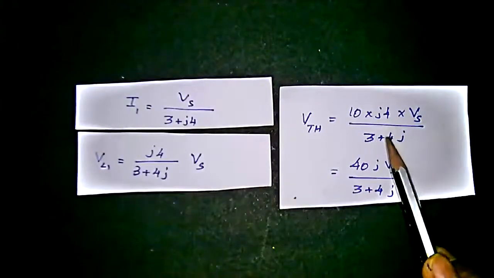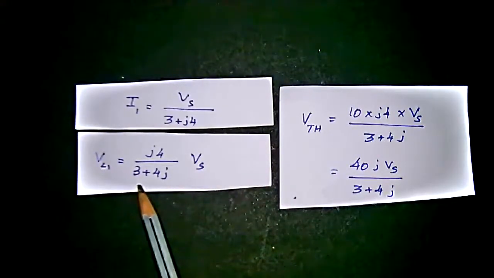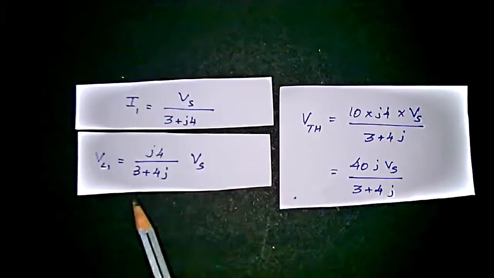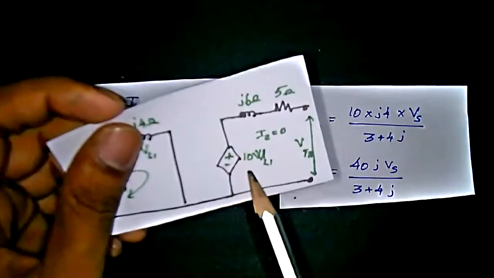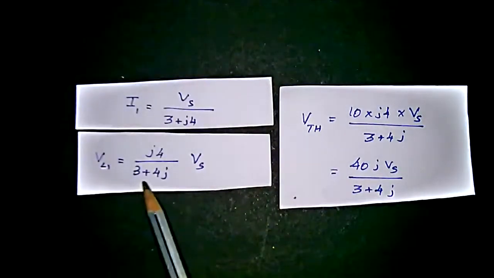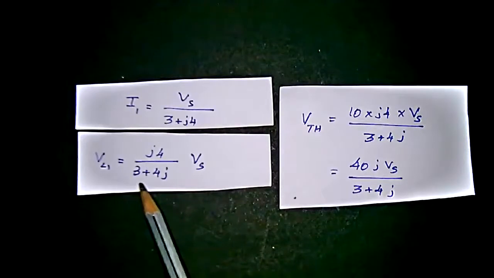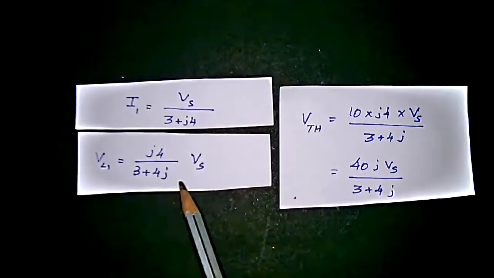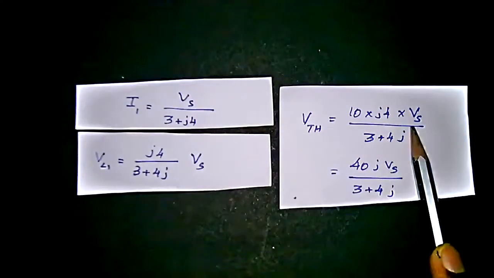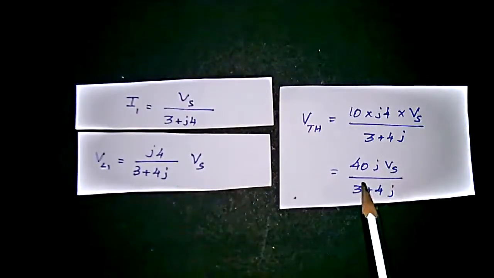The source value is 10 V_L1, so we multiply V_L1 by 10. We get 10 into j4 into V_S, with V_S divided by 3 plus j4, so we get 40j V_S divided by 3 plus j4.